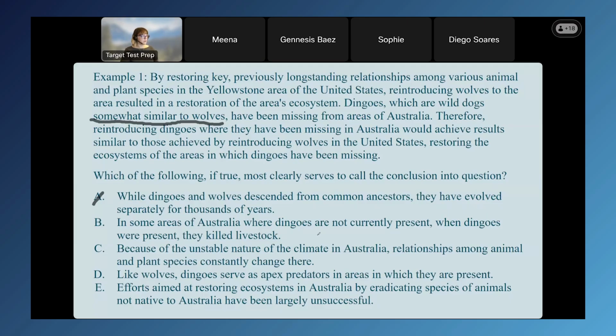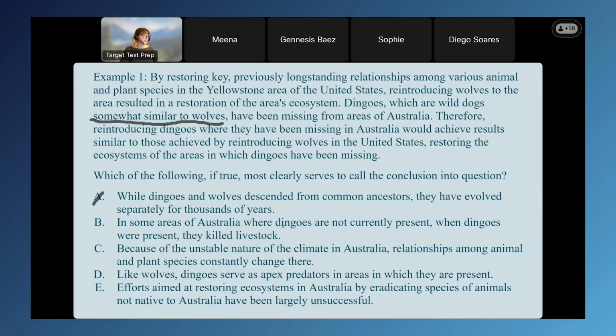B, in some areas of Australia where dingoes are not currently present, when dingoes were present, they killed livestock. So in the wolf example that we're setting up context with, reintroducing wolves to Yellowstone restored key previously long-standing relationships among various animal and plant species. That doesn't mean that the wolves weren't eating anything, and that doesn't mean that for this plan to work, the dingoes need to not eat livestock.